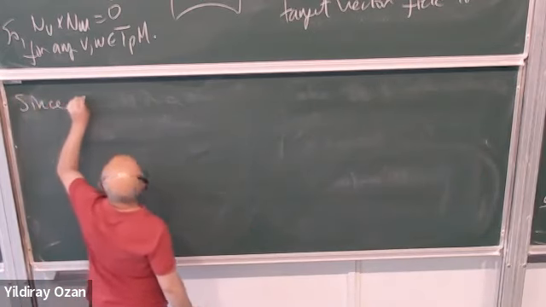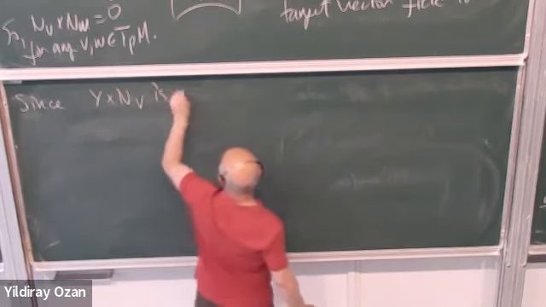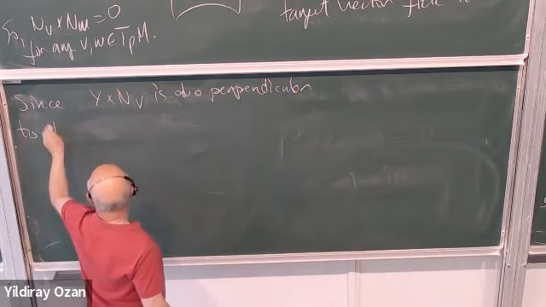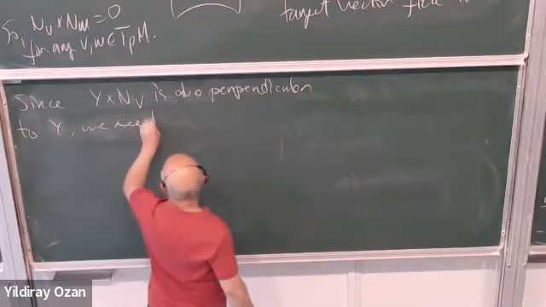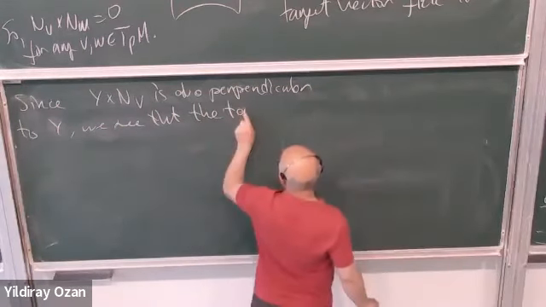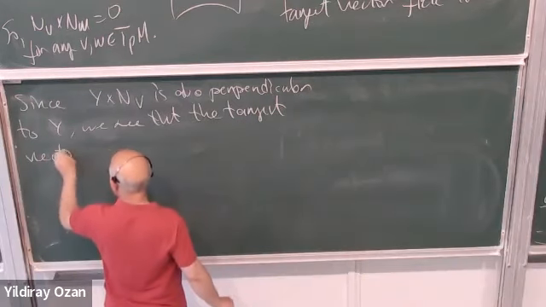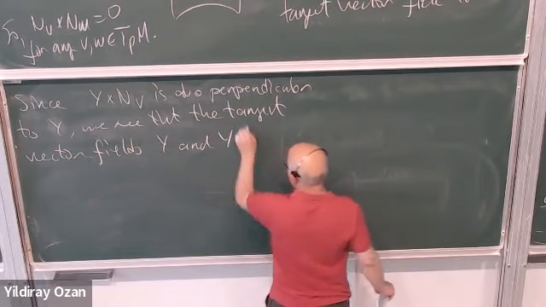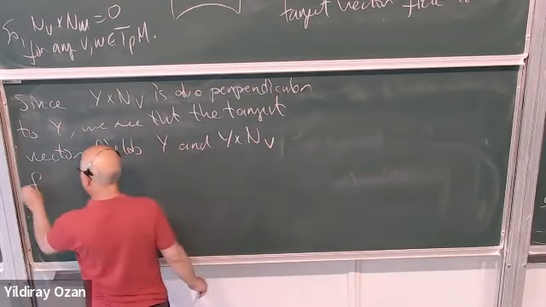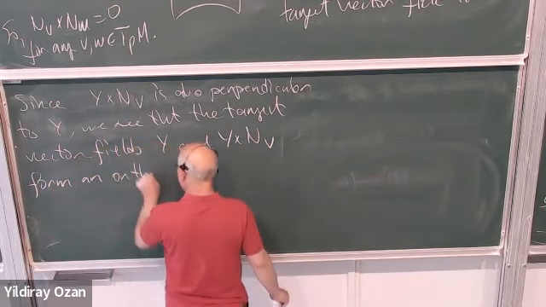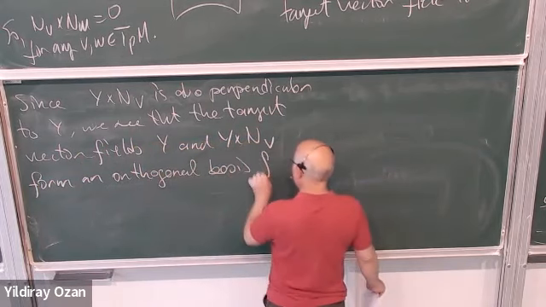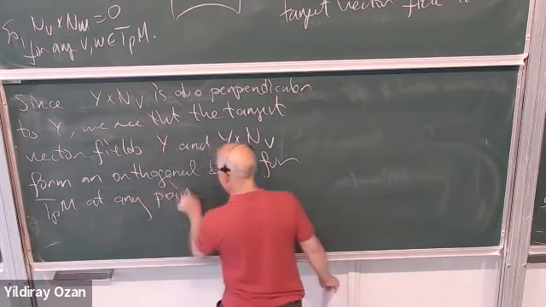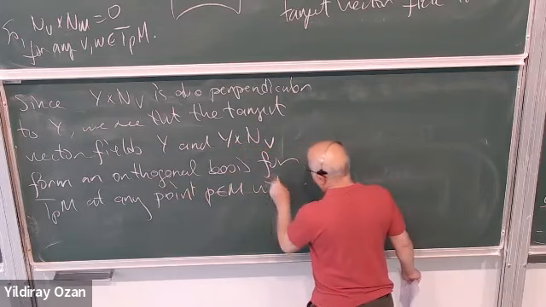Since Y cross NV is also perpendicular to Y, we see that the tangent vector fields Y and Y cross NV form an orthogonal basis for the tangent space TPM at any point P on the surface.